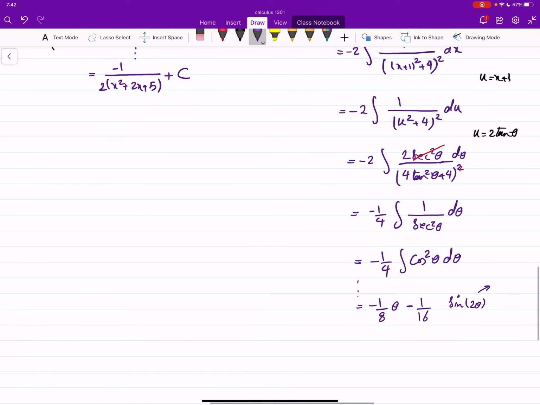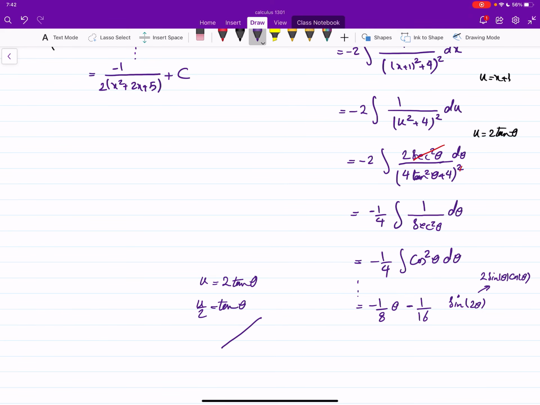x variable. So this is 2 sin θ cos θ, but remember that u is 2 tan θ, so that means that u/2 is tan θ.